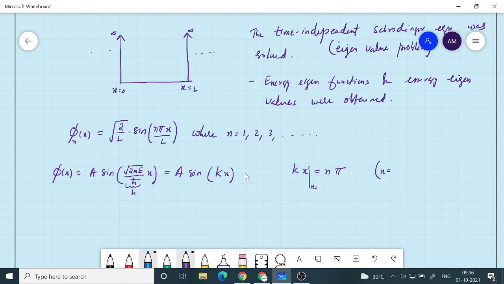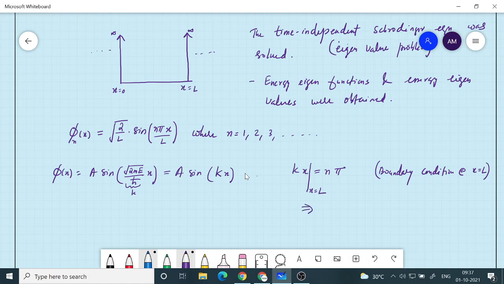the boundary condition at x is equal to L. So kx, that is when x is equal to L, should be equal to n pi.